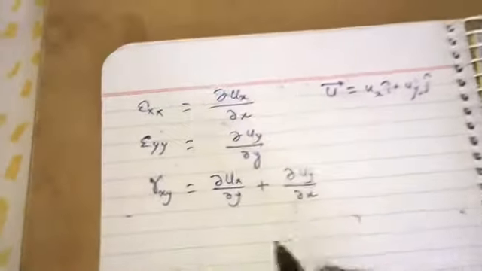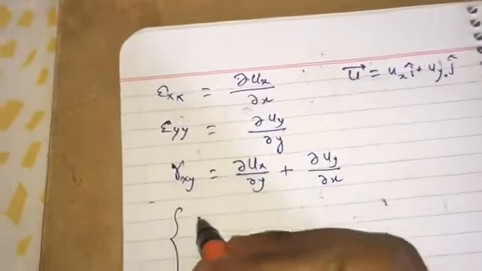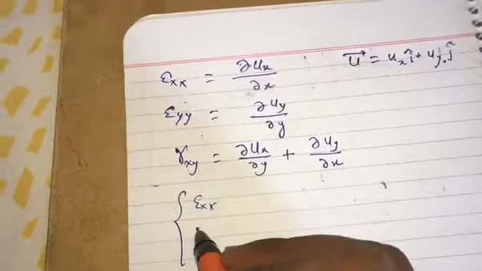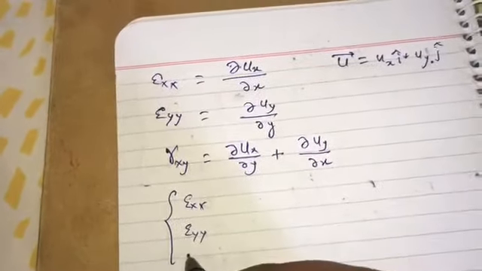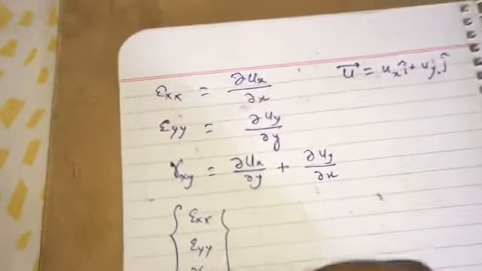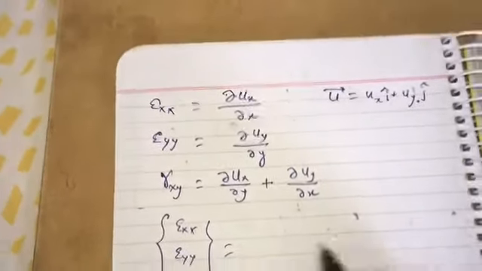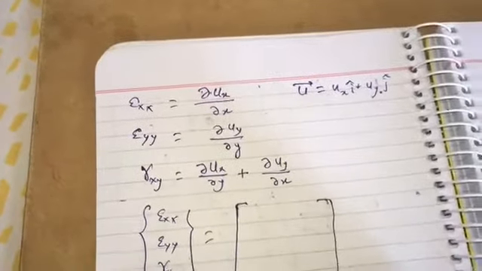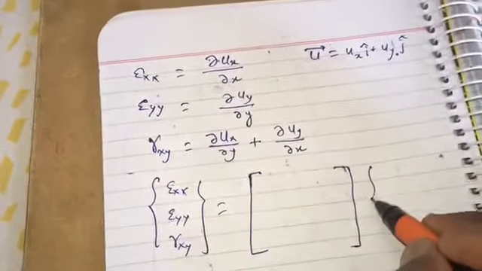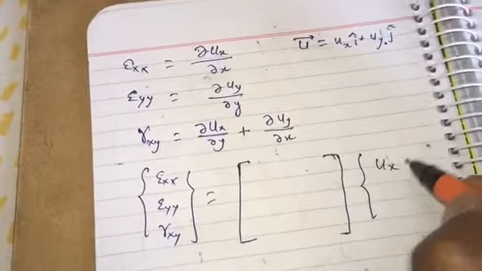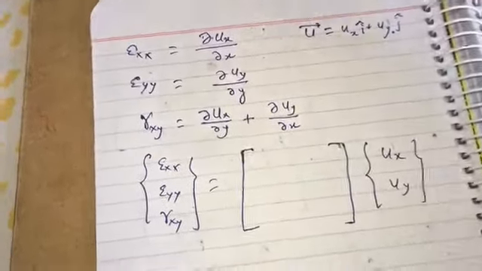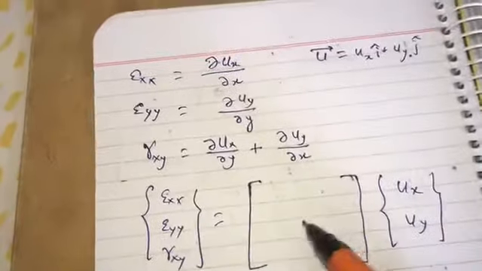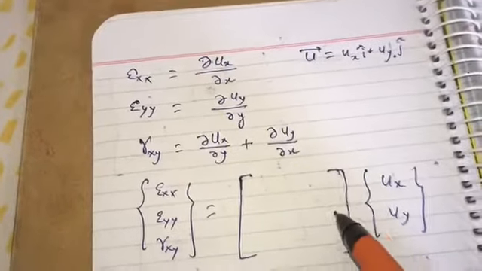So we can also write like this: epsilon xx, epsilon yy, and gamma xy is equal to some operator here, and then we will have two things, ux and uy. Okay, so which operator do we have?